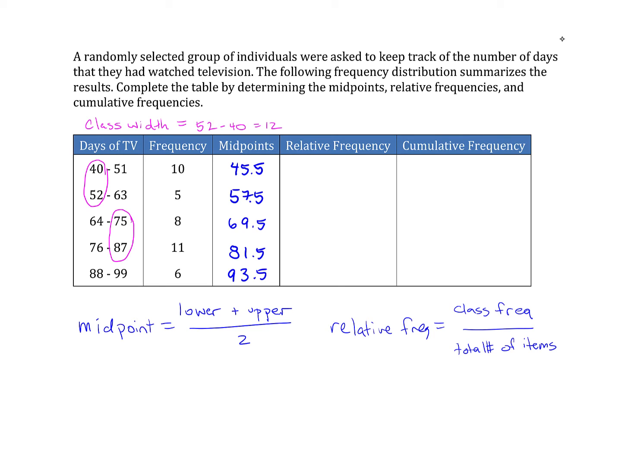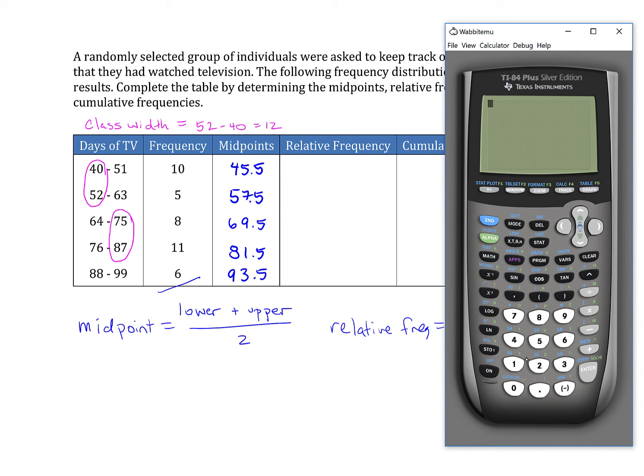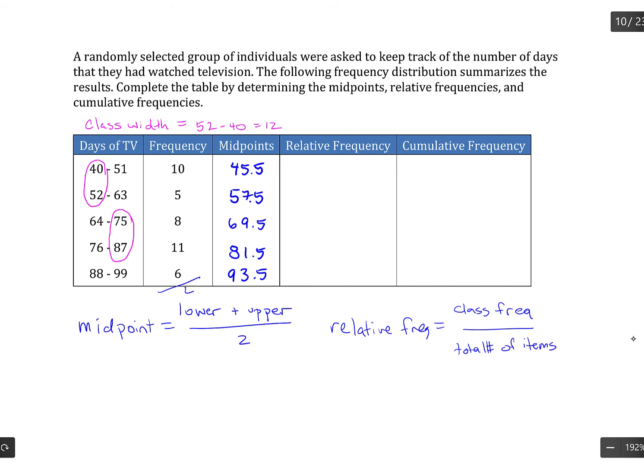So what we'll have to do is find out how many data items exist in the table, which is the sum of all these frequencies. Let me use the calculator so I don't make an arithmetic error. If I take 10 plus 5 plus 8 plus 11 plus 6, that gives me 40 data items.